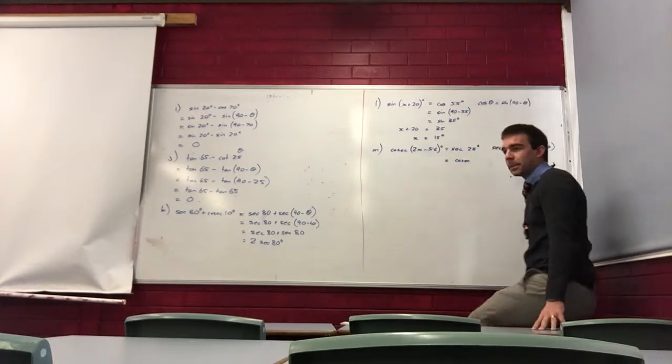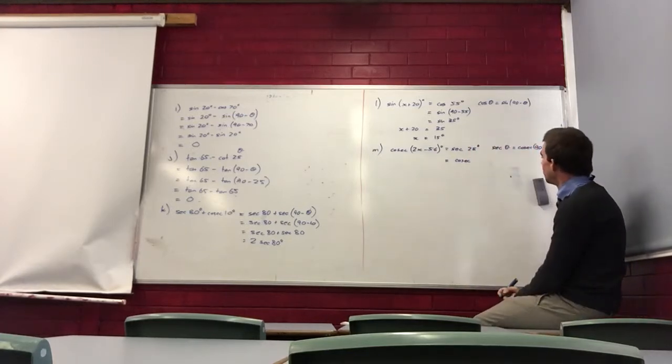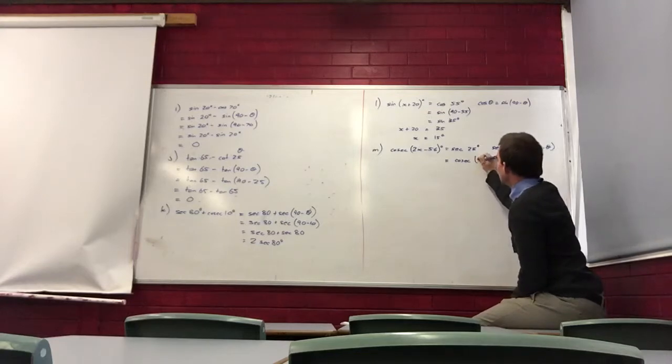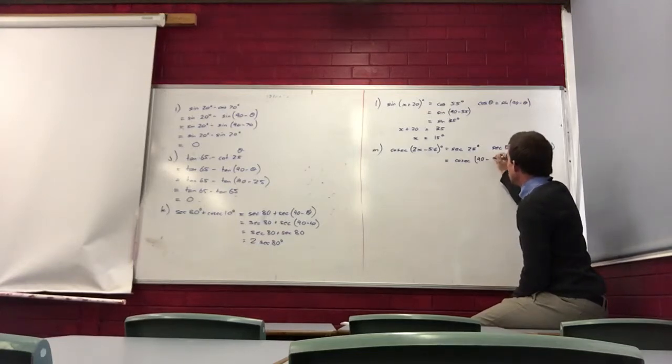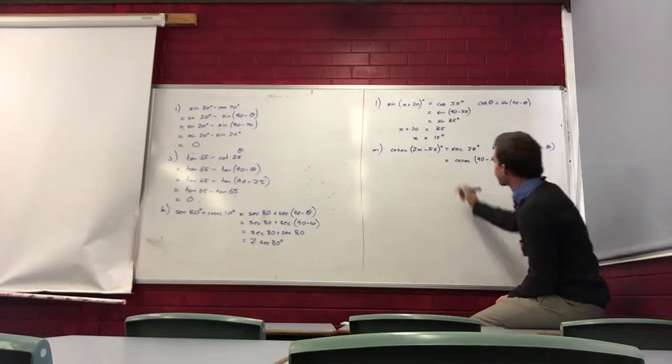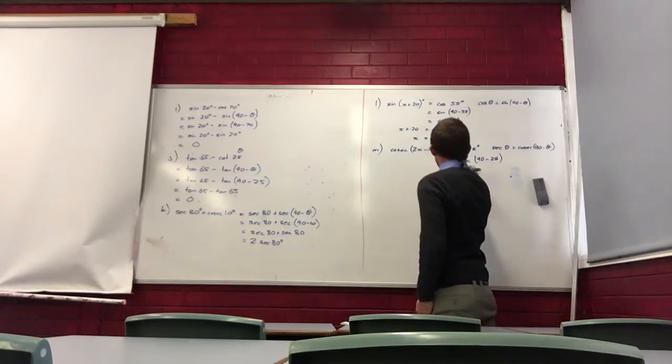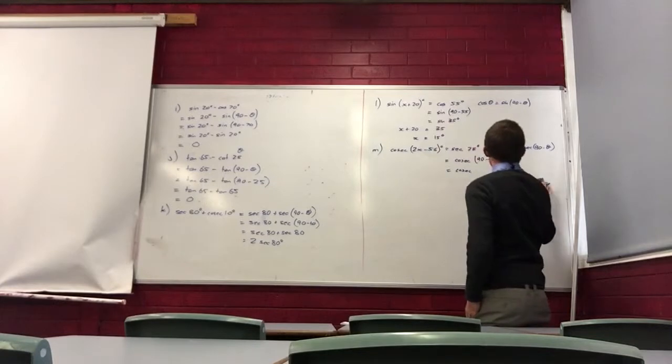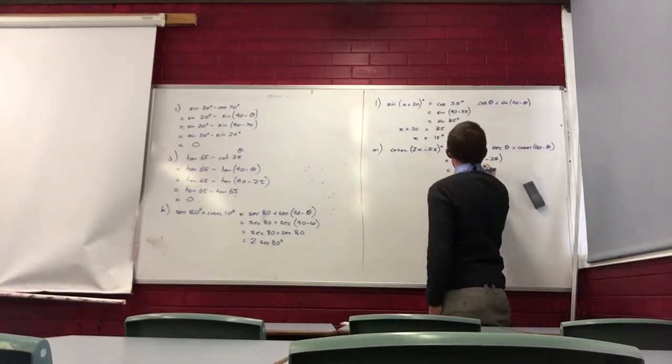That's the rule that we just covered. So this will equal cosec of 90 take away 28, 62 degrees.